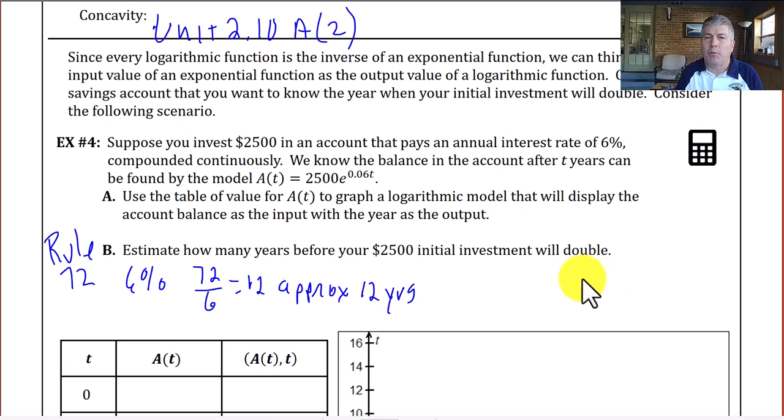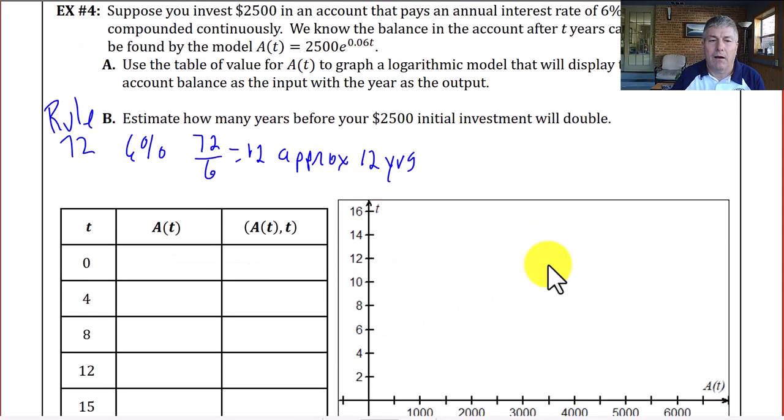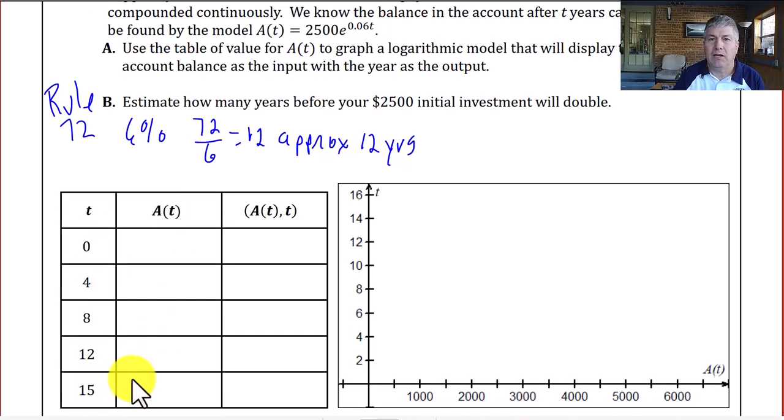Let's go ahead and put this function into our calculator and use our table of values, and we'll fill in our table here for t and A of t for up to 15 years.